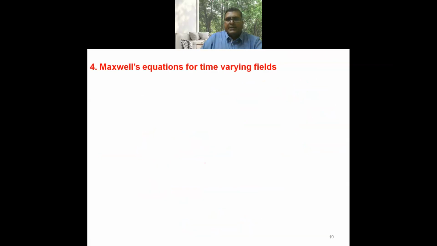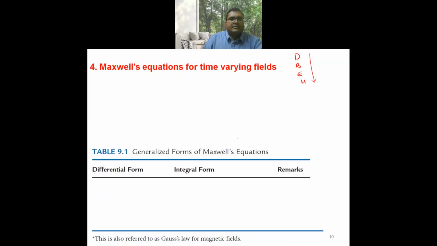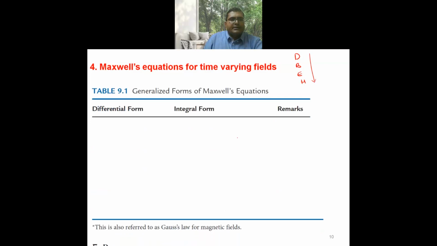Now Maxwell's equations for time varying fields, for that you can follow the notation D, B, E and H. This is the order to write the Maxwell's equations. Del dot D equal to rho V. Del dot B equal to 0. Del cross E equal to minus dou B by dou T. Del cross H equal to J plus dou D by dou T. Here once again, please make a note.